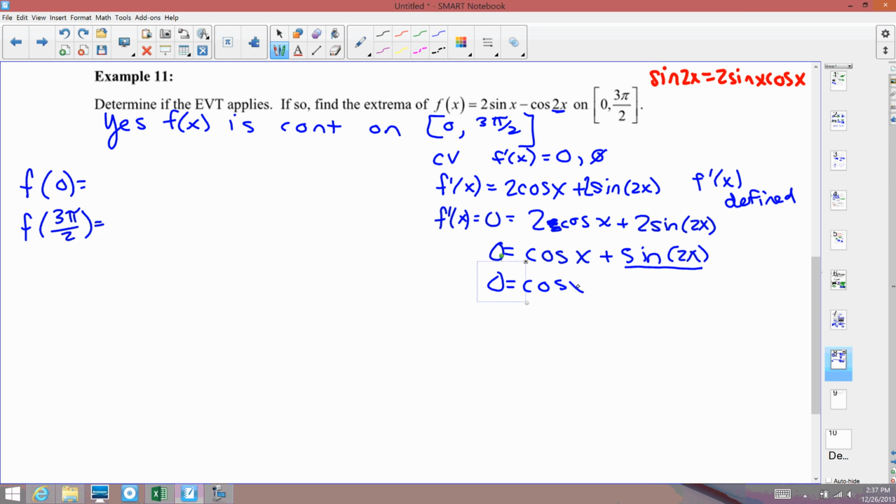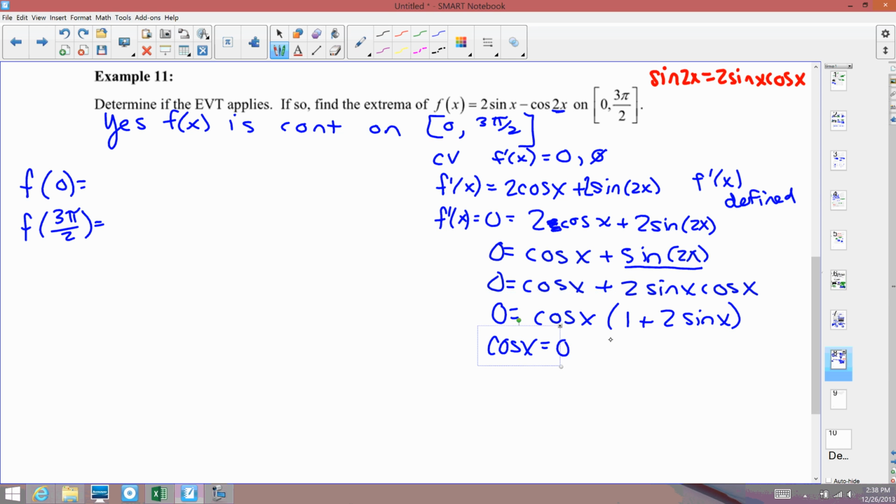So instead of sine of 2x, I'm going to write plus 2 sine of x cosine of x. So here comes the magic. Factor out a cosine. You get 1 plus 2 sine of x. Now you could just figure out where both of these equal 0.